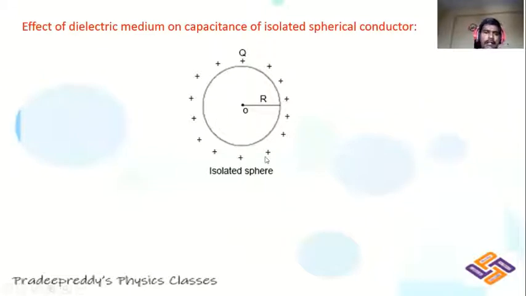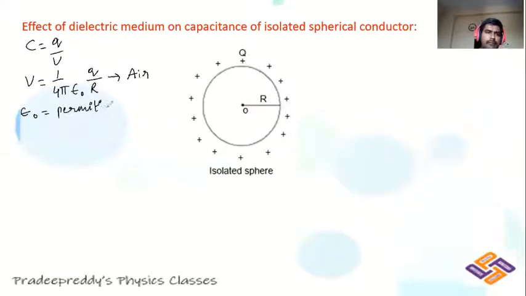As we know, electrical capacitance C is equal to Q by V, and we know V is equal to 1 by 4 pi epsilon naught Q divided by R. This is in air, because epsilon naught is the permittivity of air.